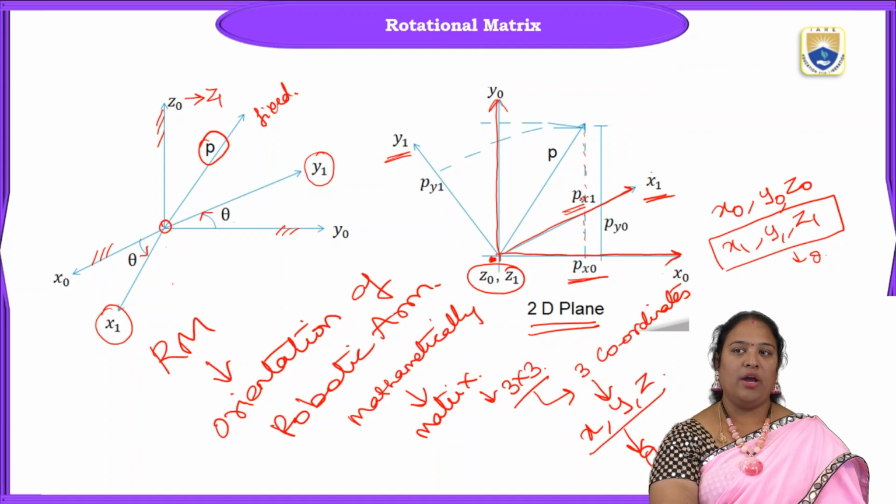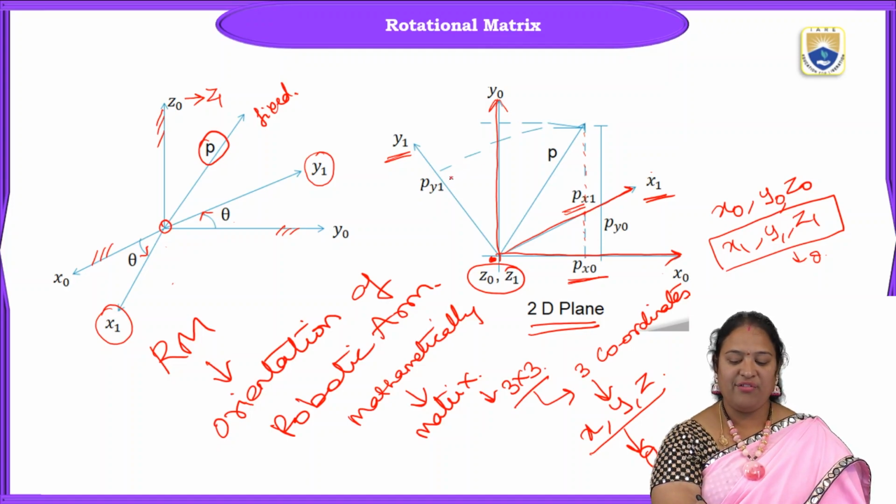When we draw a perpendicular line onto x0, it gives a vector px0, and when we draw a perpendicular line onto the x1 axis, it gives a vector px1.